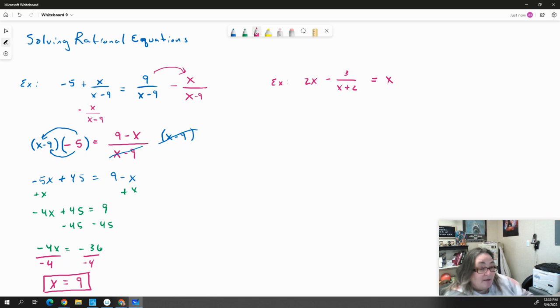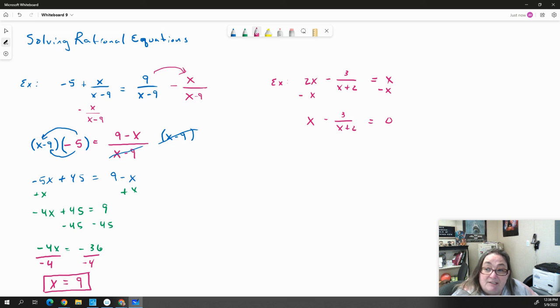What does that mean? That means I am going to move this x over by subtracting x from both sides so that I have 2x minus x is just x minus 3 over x plus 2 equals 0.